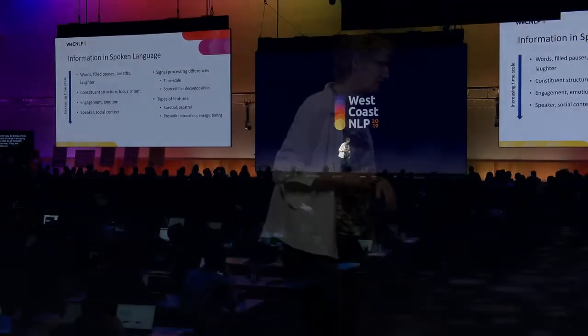Those end up carrying different types of information. The filter carries spectral information that's useful for words and speakers. But the source, how fast your vocal cords are vibrating, the fundamental frequency, the energy you put into it, the timing of when you do things, I'm going to refer to as prosodic features. They're different signal processing, different ways of pulling information out of a signal.